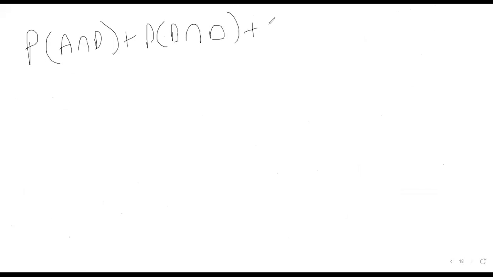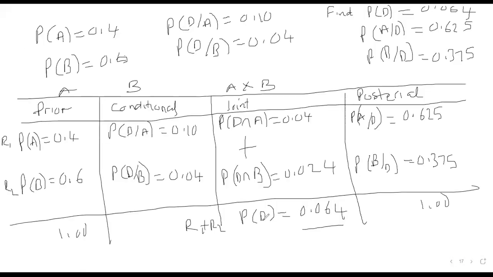Theorem 2 simply states that if you're adding, for instance, A intersection D plus B intersection D plus C intersection D, the total will be called the probability of the common letter, which is probability of D. So here there's a D, there's a D, there's a D. So summing them up, we title it probability of D because this is a common letter.